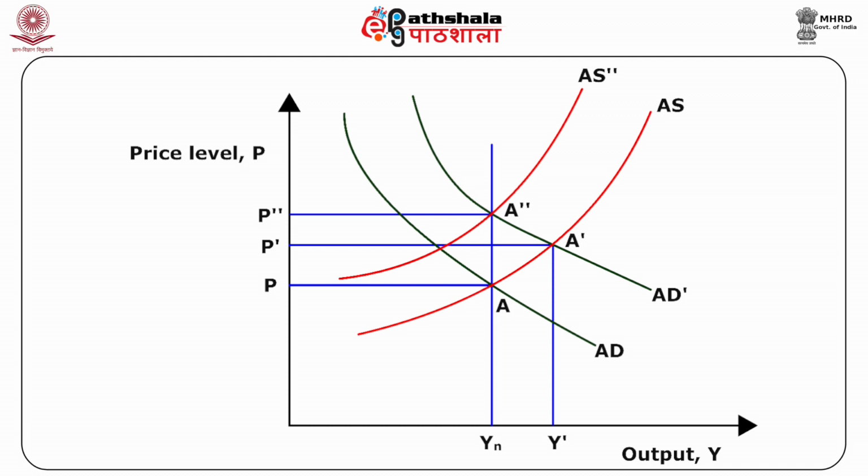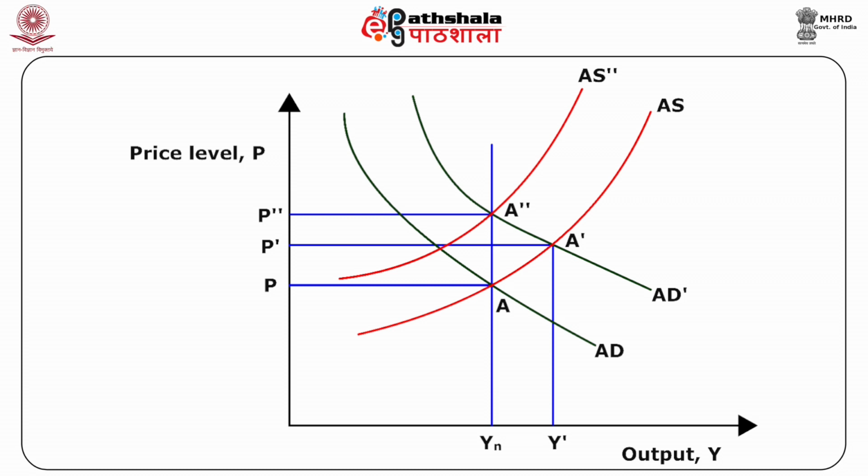This happens because the output in the short run is more than the natural level of output. The price level is higher than what the wage setters expected. They therefore revise their expectations, which causes the aggregate supply curve to shift up over time.